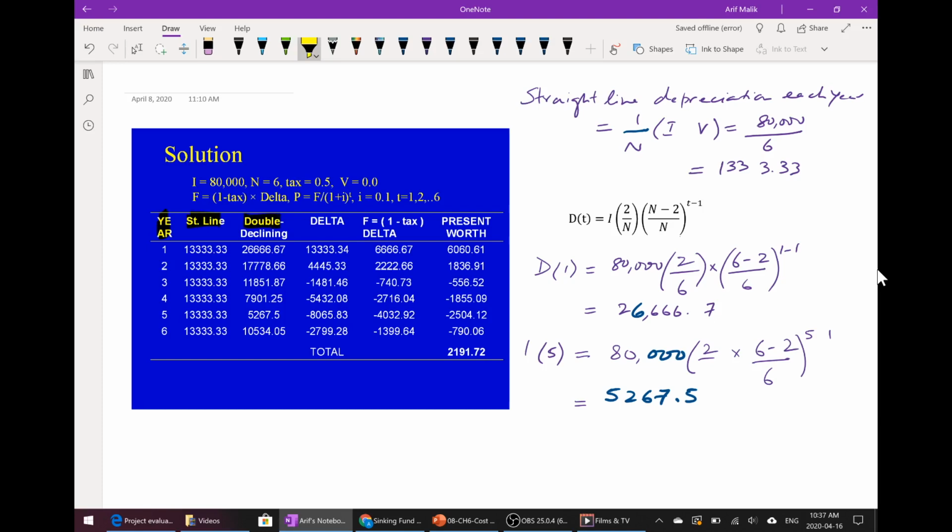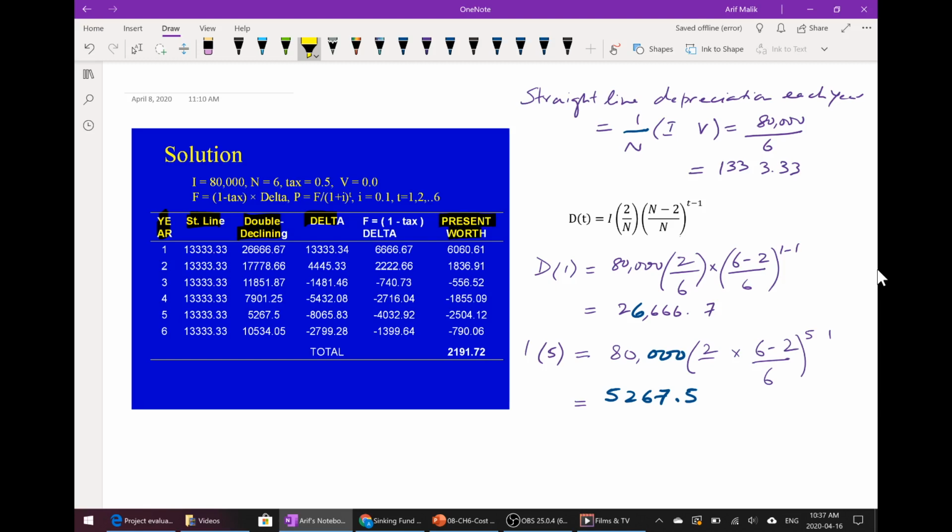The third column is the double declining balance method showing the depreciation. The fourth column is delta, which is the difference between double declining depreciation minus straight line. F is the future value of benefit, we can say. F is equal to (1 minus tax) into delta, and then the present worth is calculated.